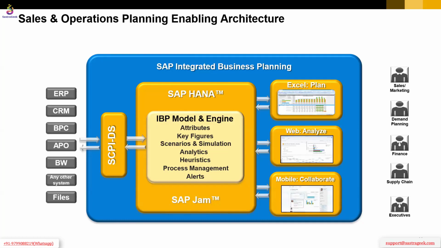But first of all, as we know, if we are using APO, APO is going to be obsolete at a specific point in time. That means there is a mandatory need to start thinking about a successor system. And if you're using ECC as one of the execution systems, then the obvious question comes: why not start thinking about SAP's tool, which is IBP, as a successor for APO.